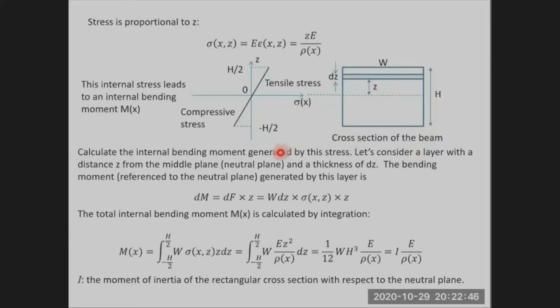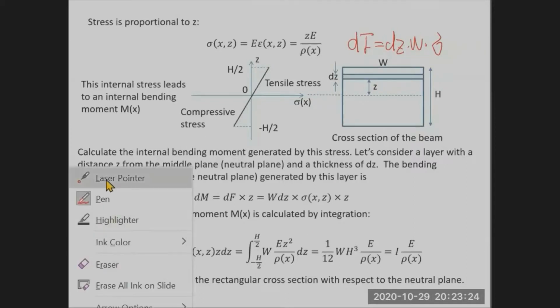Then the force generated by this layer, let's call it dF, is equal to the area, dz times w, then times sigma. Force can be calculated by multiplying the stress with the area.